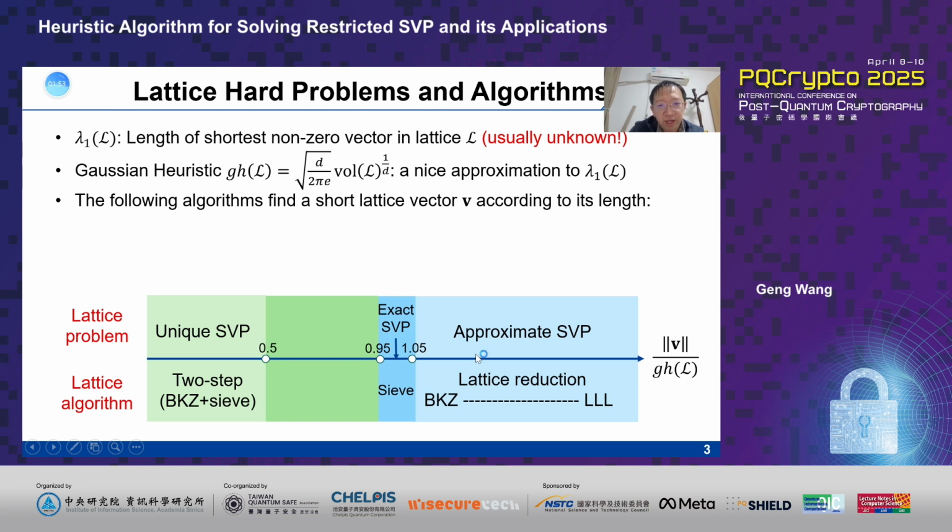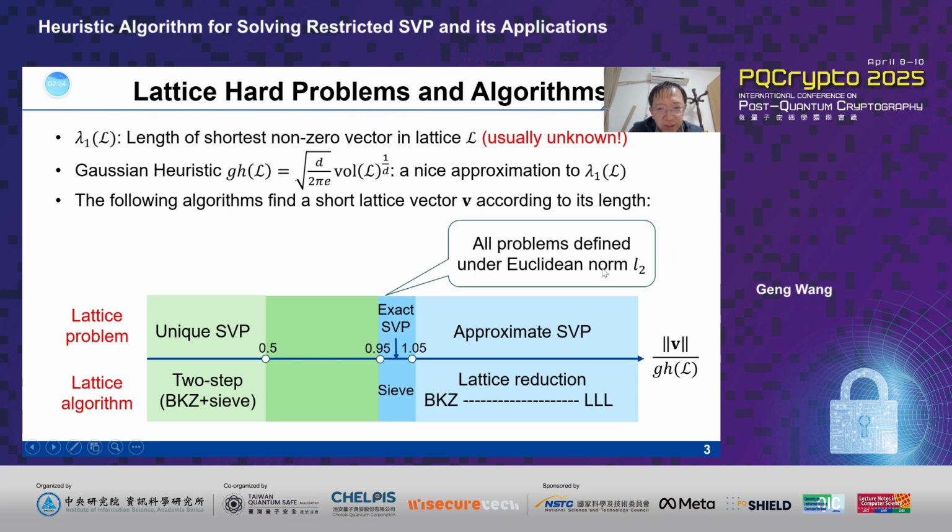For a larger factor, the problem is called approximate SVP, and we should use a lattice reduction algorithm, for example BKZ or LLL. If the ratio is smaller, especially smaller than 0.5, the problem is unique SVP, and we can use BKZ combined with the lattice sieve to solve this problem.